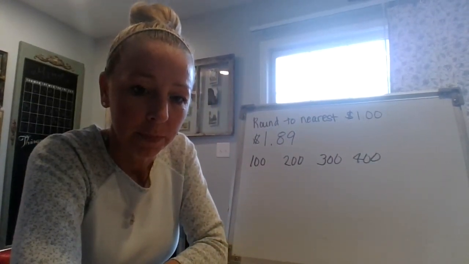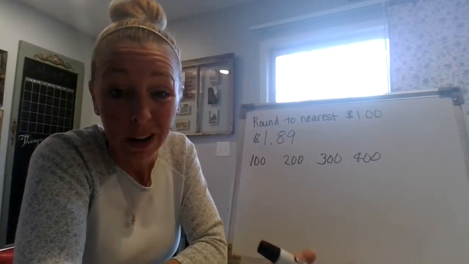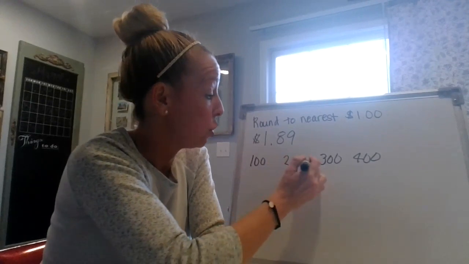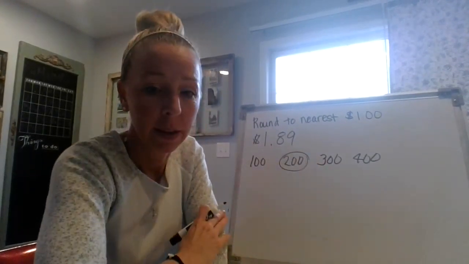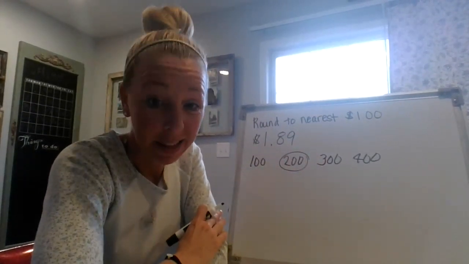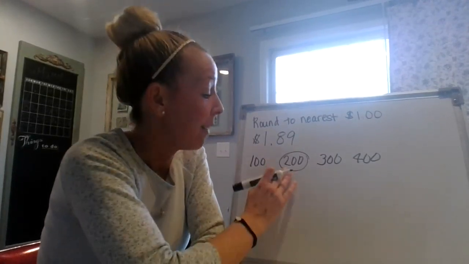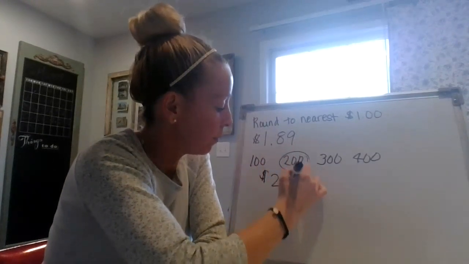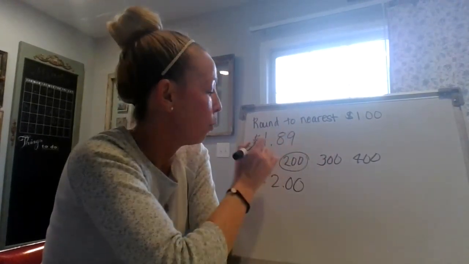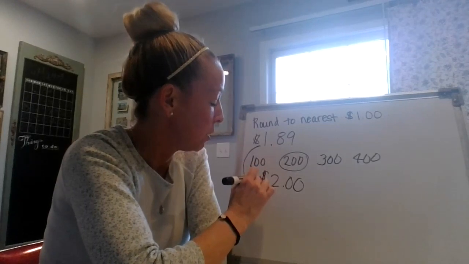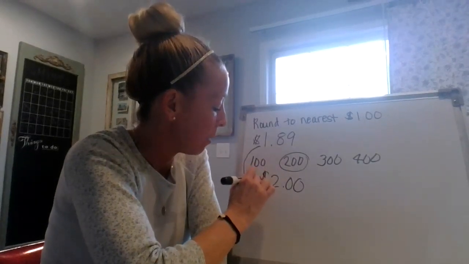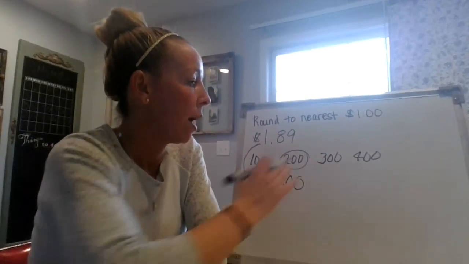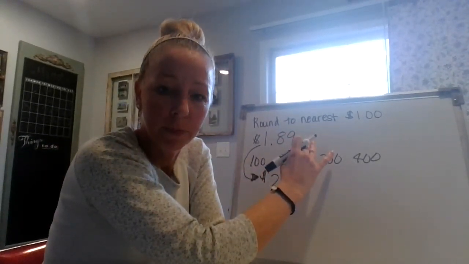What do you think? If I think about it like 189, that's definitely closer to 200 on a number line. Now, I need to think about it in terms of money. If I have 200 pennies, I have $2. So if I round 189 to the nearest dollar, I'm going to round it to $2.